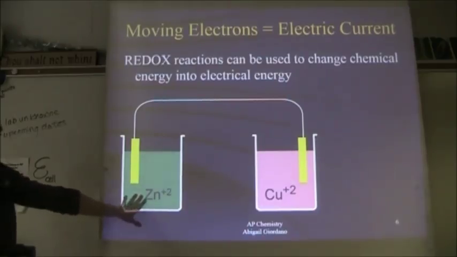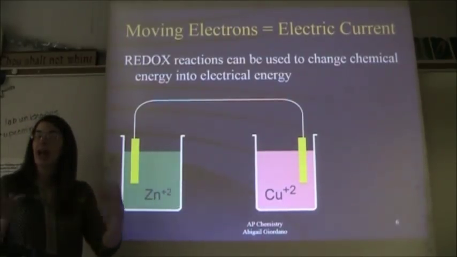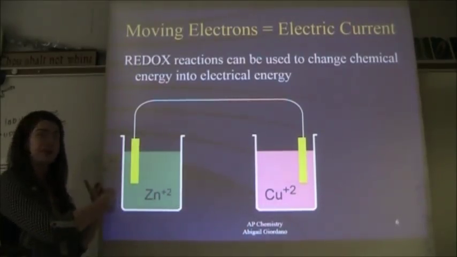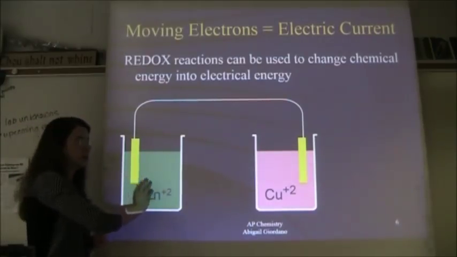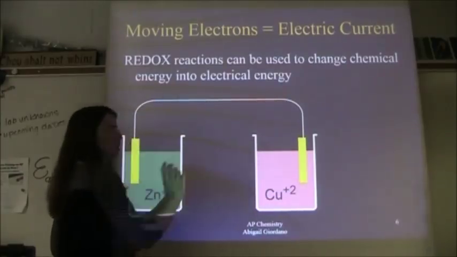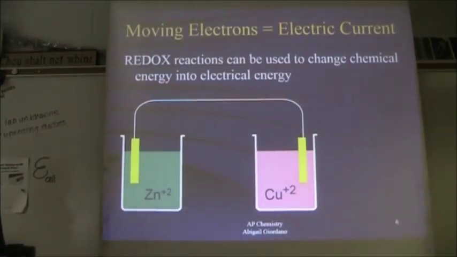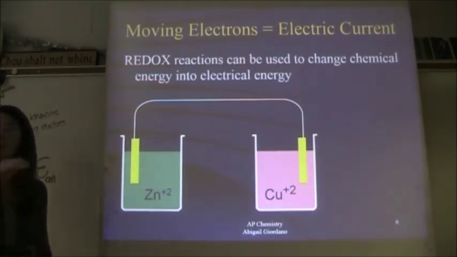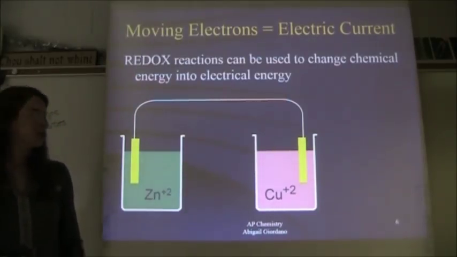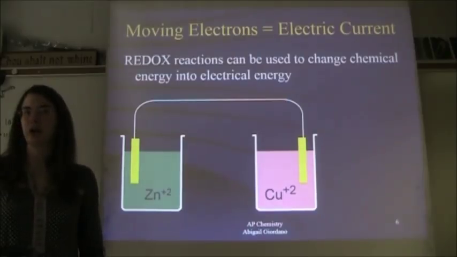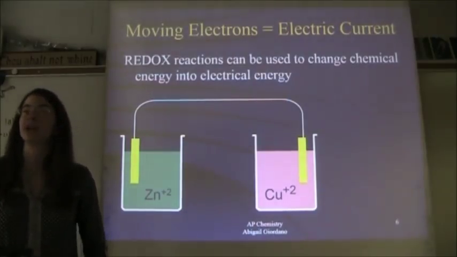Okay? Now, if you look at the half reactions we just had on the previous slide, the zinc half reaction is occurring here. The copper one is happening here. Which one, please look back at what we wrote down, which half reaction, the zinc or the copper, has electrons on the product side?